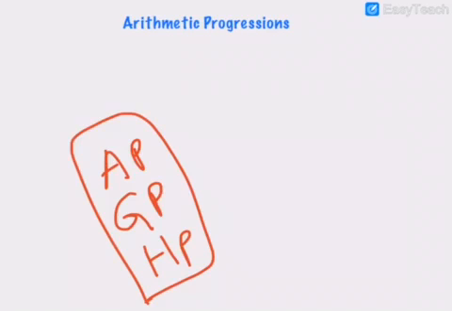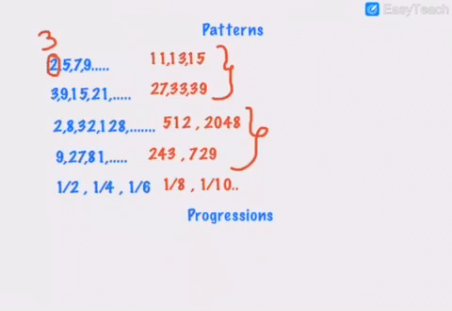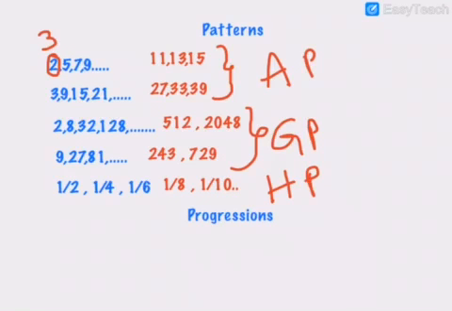But these two are currently out of syllabus. This is for knowing purpose only. You have to remember only the arithmetic progressions concept. So this class will be dealing only with arithmetic progression, as our heading suggests.